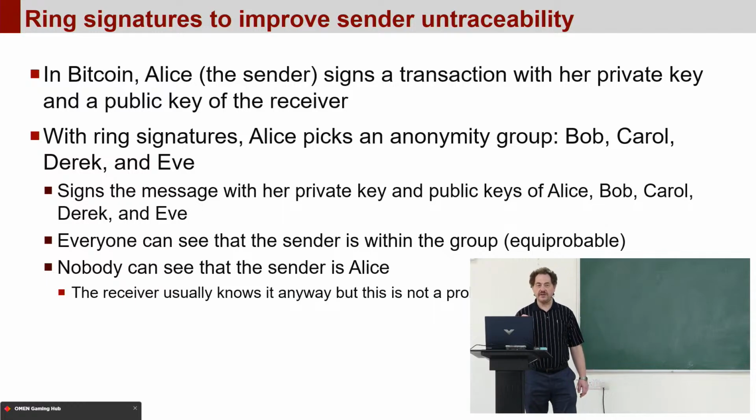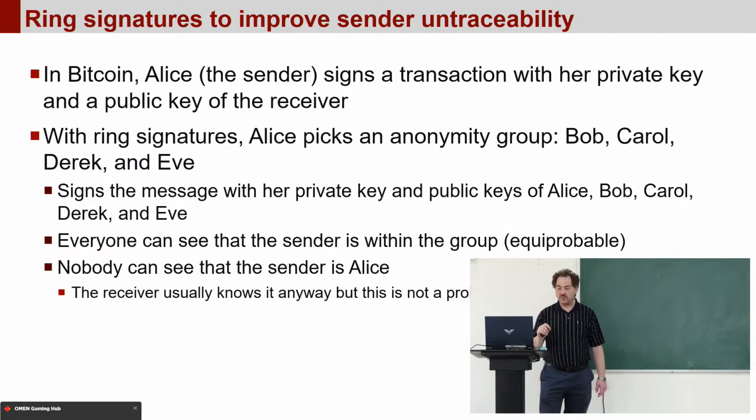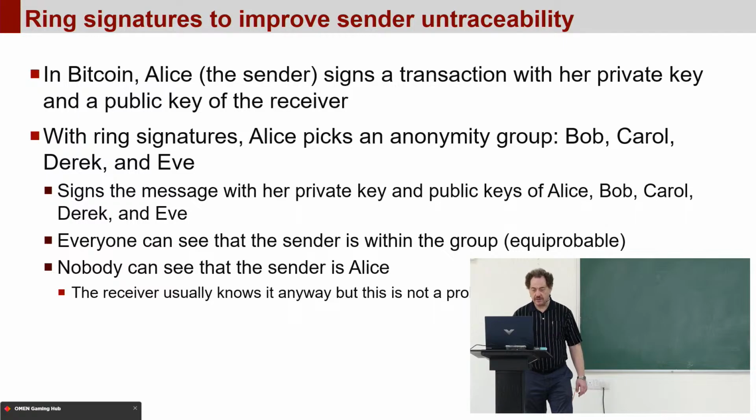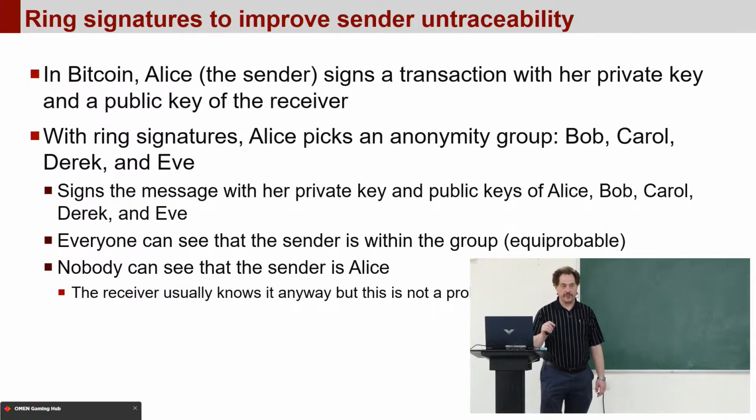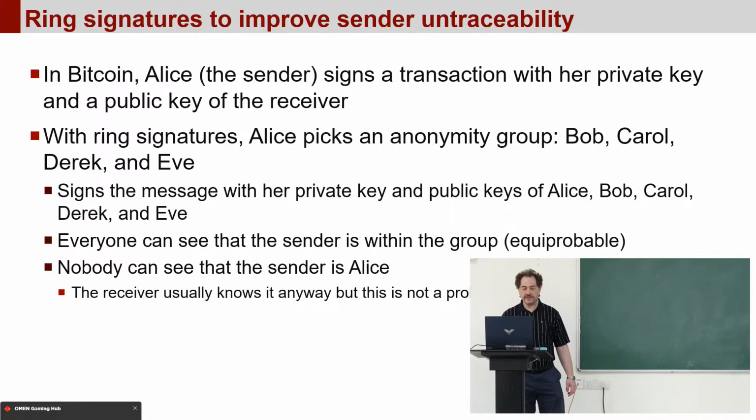Now, what a ring signature gives us is that everyone can see that the sender is within the group. Without having a private key, it's not possible to build a ring signature. However, each sender from the group is equiprobable, and thus nobody can determine that the sender is Alice.